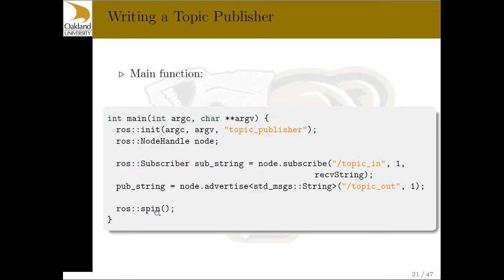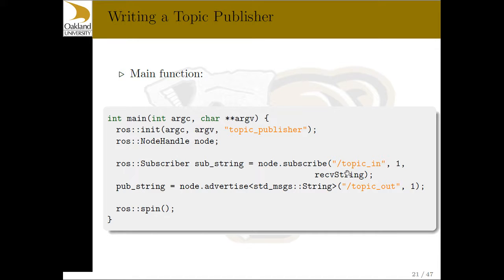So you can think of ROS spin as a special while(1) loop that listens to any subscriptions that are currently active and then services them when the interrupts occur, essentially. Does that kind of make sense? You don't have to put this here, but the issue is it'll just run and stop instantly, which in our case is not what we want, because we always want to be listening to data and then doing something in response.